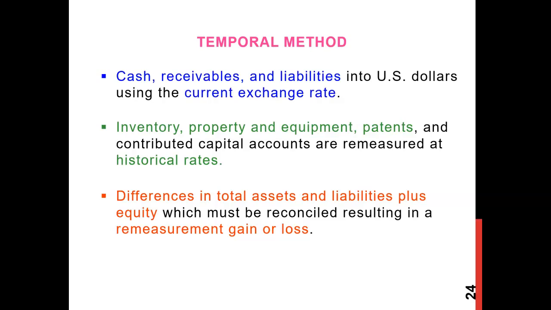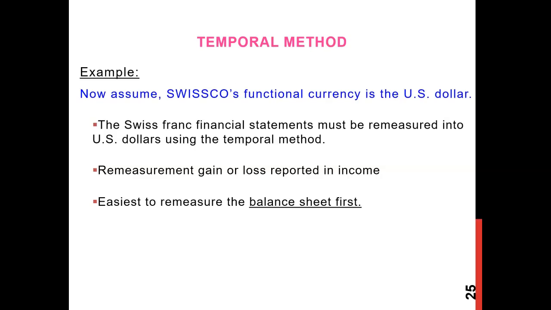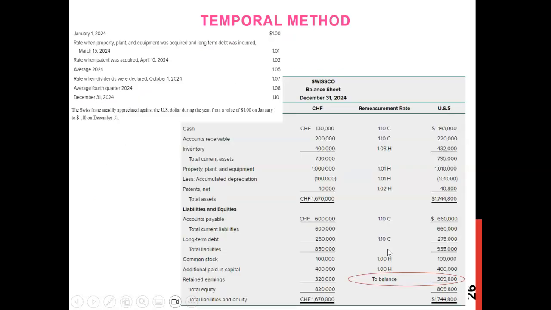And this is kind of matched with the historical cost principles in our US GAAP accounting. So again, after doing all conversions, we will show the remeasurement gain or loss, and that will be on our income statement. So it's easy to do the balance sheet first. Let's convert the balance sheet.